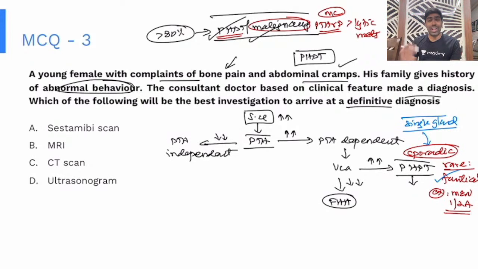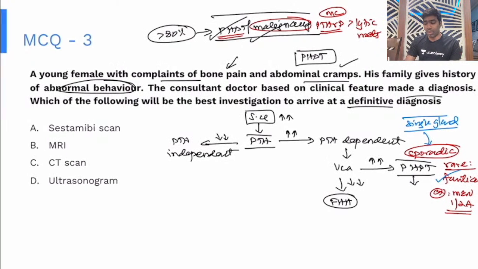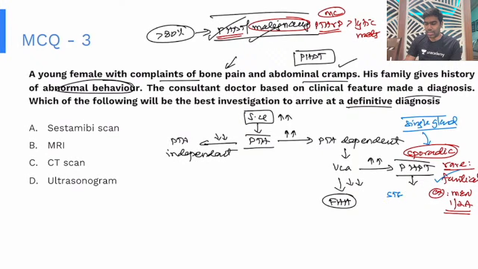So we have to know what glands are involved. That is the reason why we are going to perform some localizing studies like Sestamibi scan. Sestamibi scan alone will not be helpful, to be honest. So you're going to perform a Sestamibi scan, and this has to be coupled with some sort of imaging modality, for example an ultrasound or a CT scan of the neck.